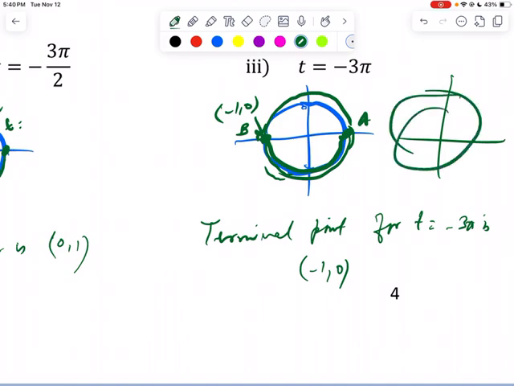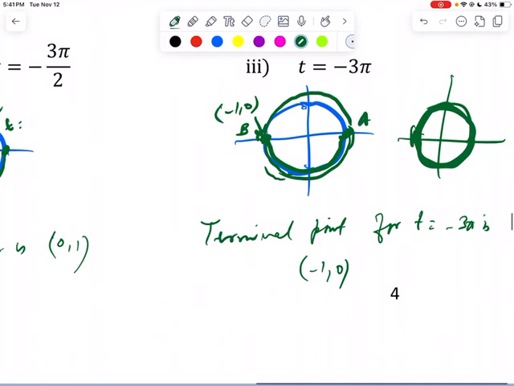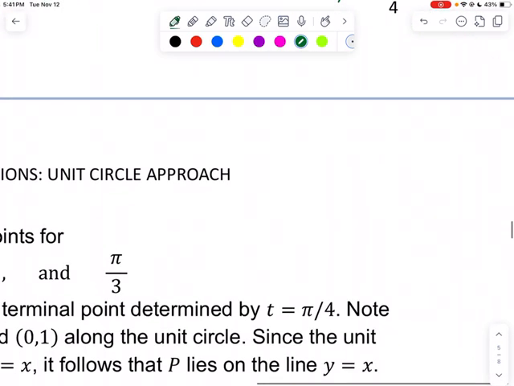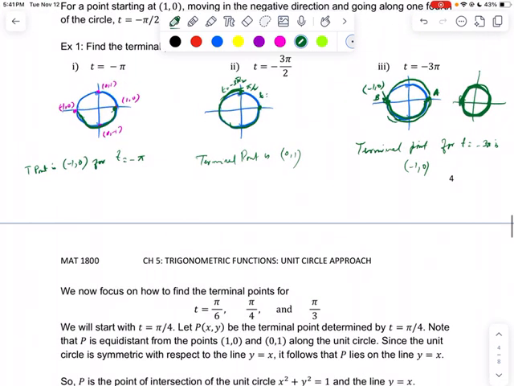So this is your circle, start here, 1, 2, 3. So you see 3 pi also has the same terminal point, which is not a big deal. You will see many same terminal points, or a point is a terminal point for many values of t. So this is how we look for the terminal points.